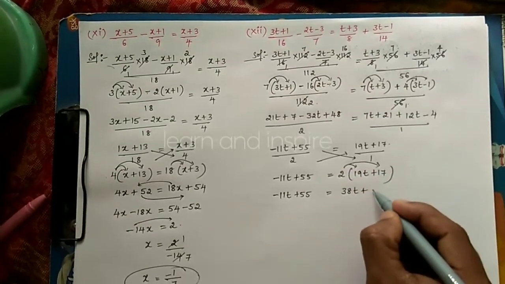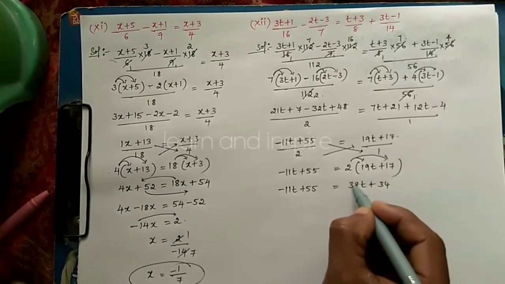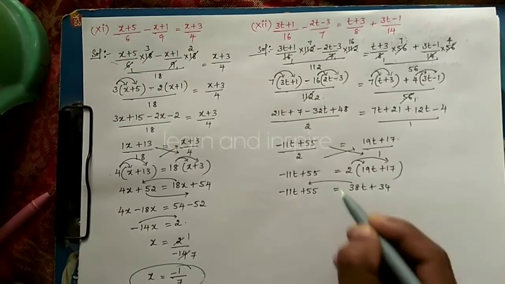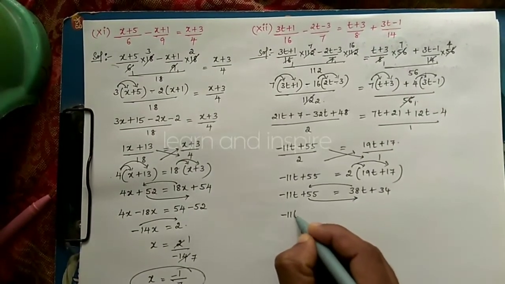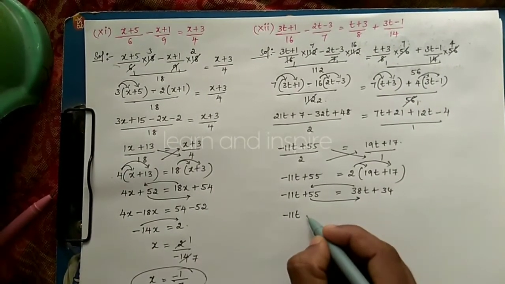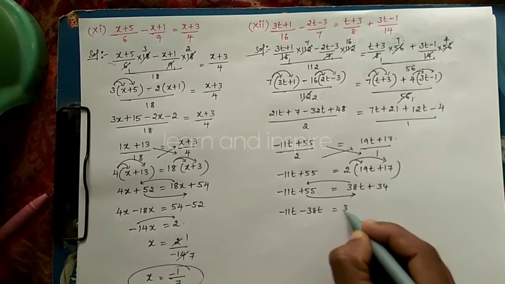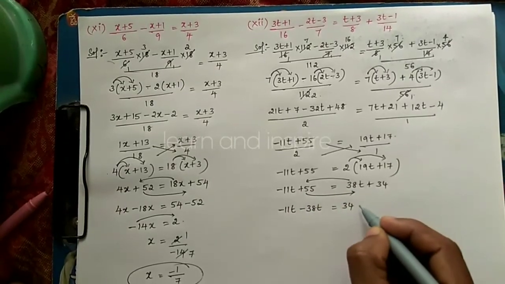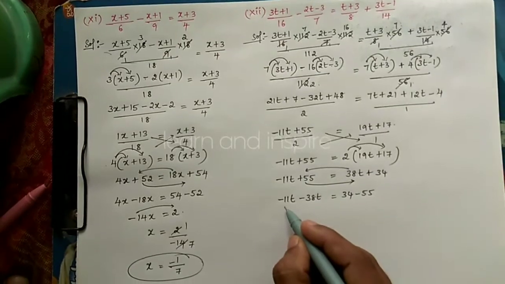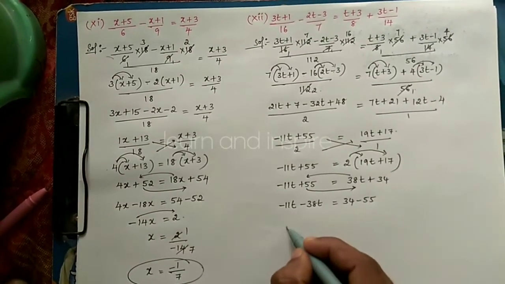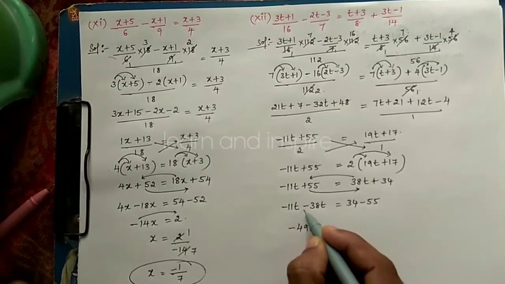Okay, now as we have done in many problems, transposing the variables and the constants. Minus 11t, if I transpose plus 38t it becomes minus 38t, equals 34; transpose plus 55, it becomes minus 55. Minus 11t minus 38t is minus 49t, because these two are negative integers.